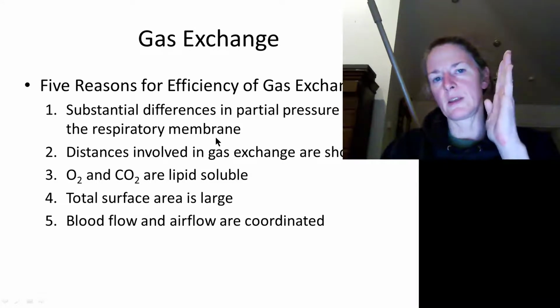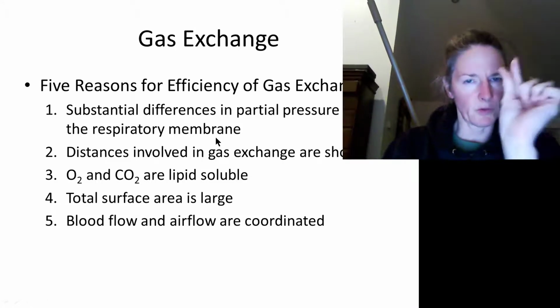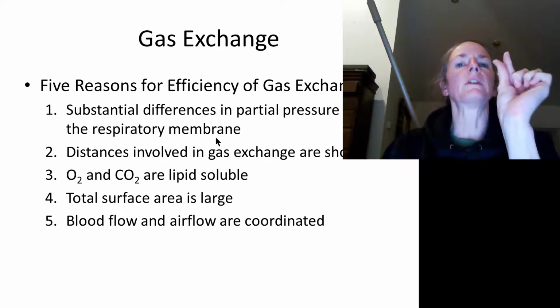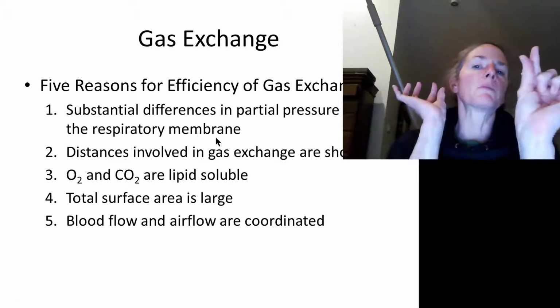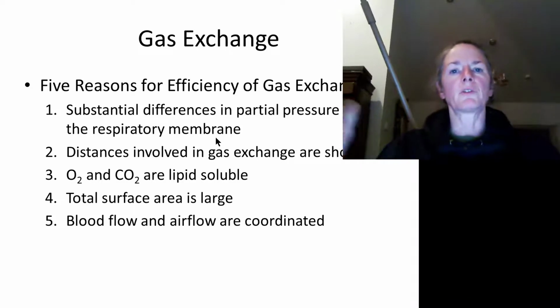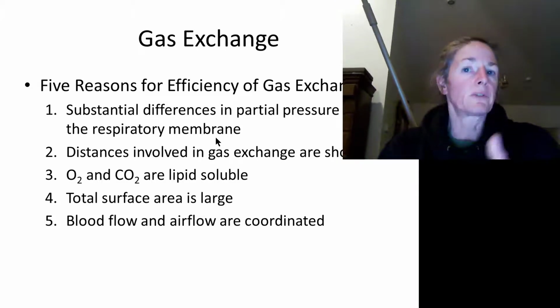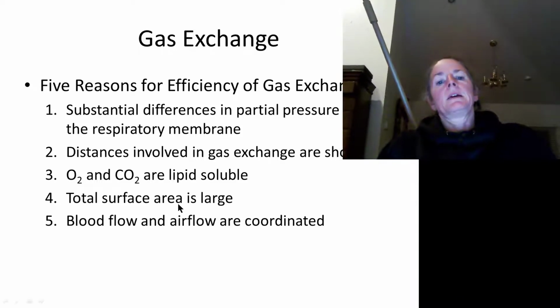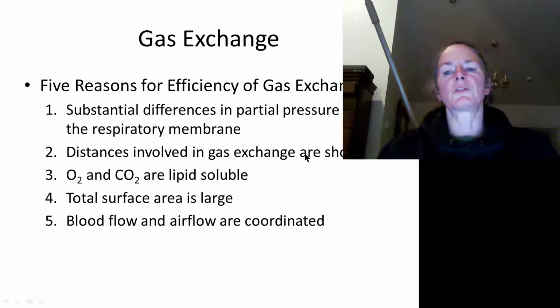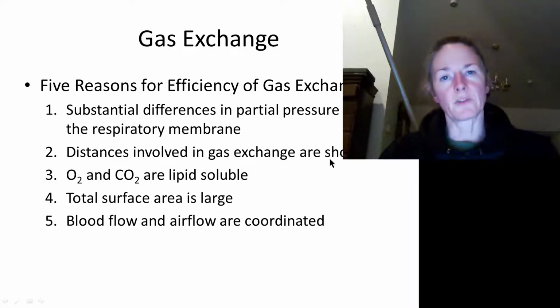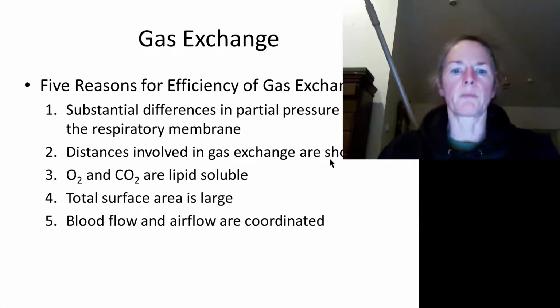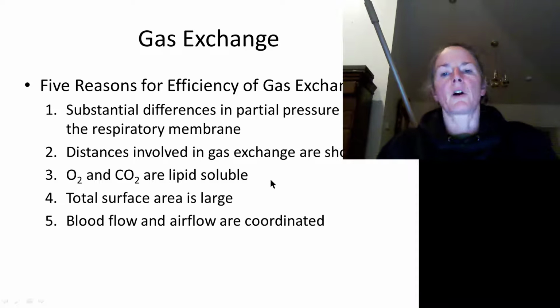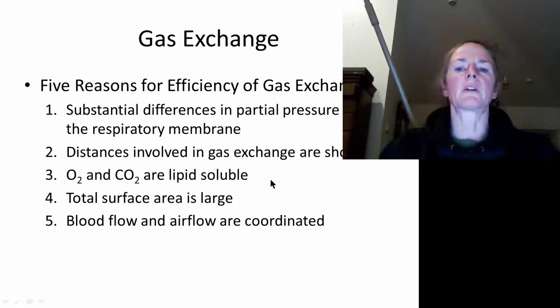As you know, the epithelial surface, those simple squamous cells of the alveoli, have their basement membrane fused with the endothelial cells of the adjacent blood vessels, of the capillaries that are going to be picking up and distributing this gas. So basically, the gas exchange distance is going to be very short, and these gases are lipid soluble. This is another important point. So both of them are lipid soluble, so they can get across the membrane very quickly.